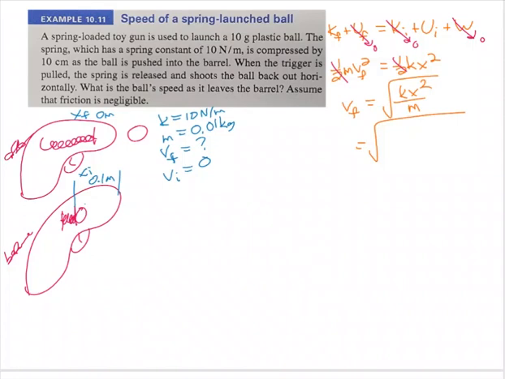Okay. Sounds good. Okay, so we have K, which is 10 newtons per meter, times x, and that was 0.1 meter, and that's squared, divided by the mass of the ball, which was 0.01 kilograms.